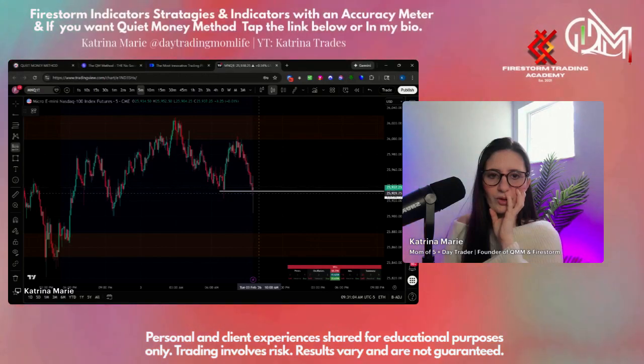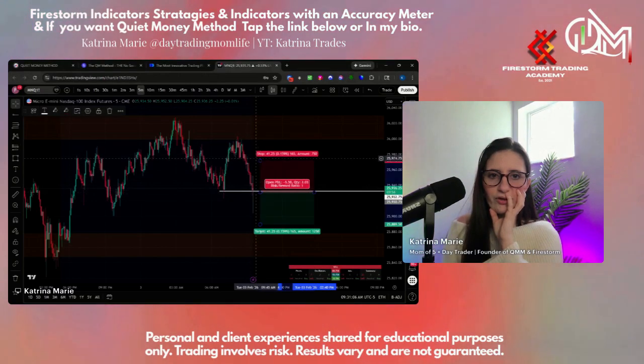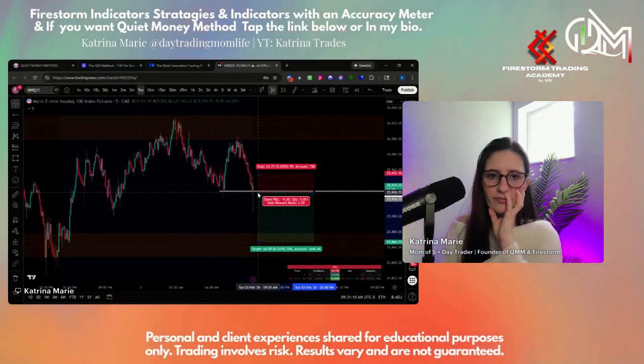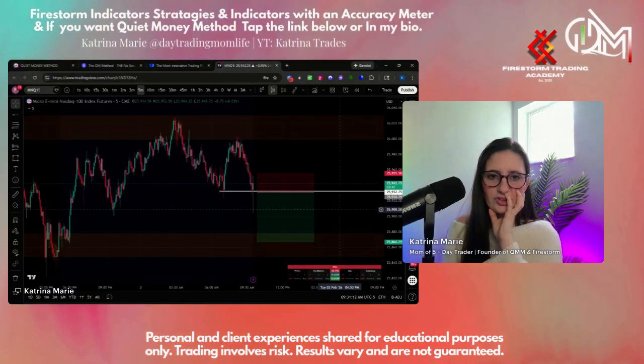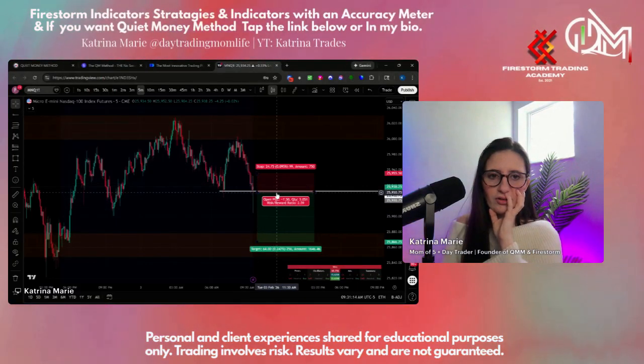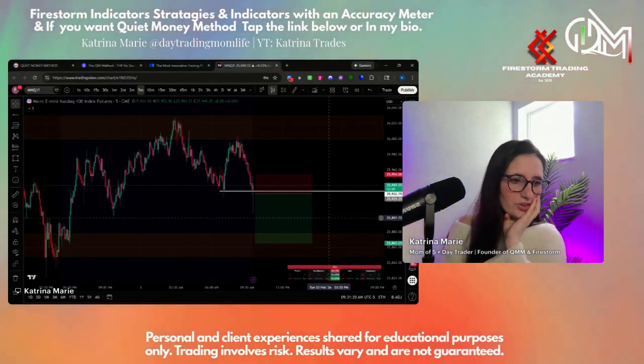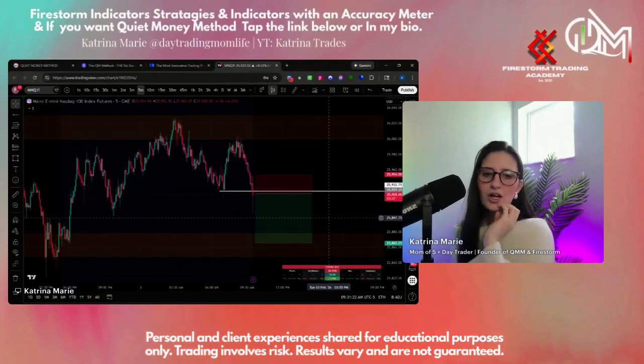So what I am looking for here is this little action right there. Now, like I said, I can't show you when I get in, but I can show you what my trade setup is, like I usually do. What are we trading? NASDAQ. Micro NQs.